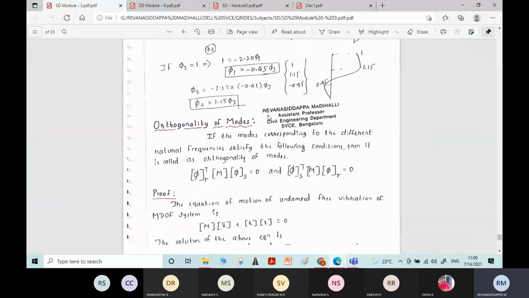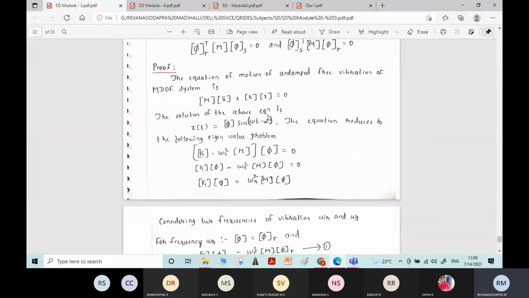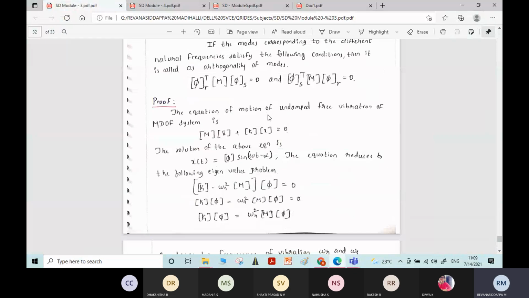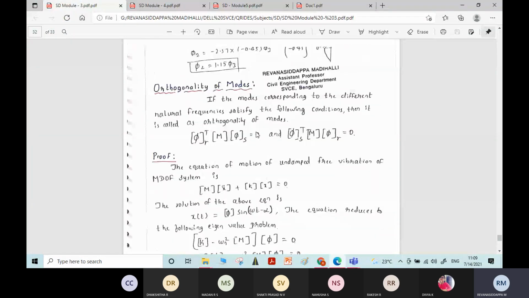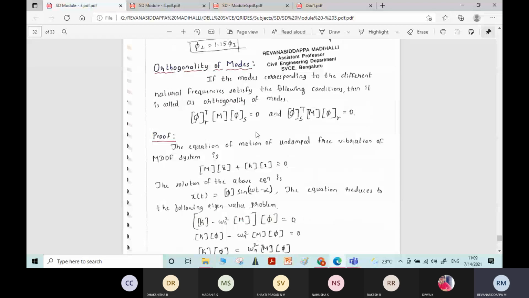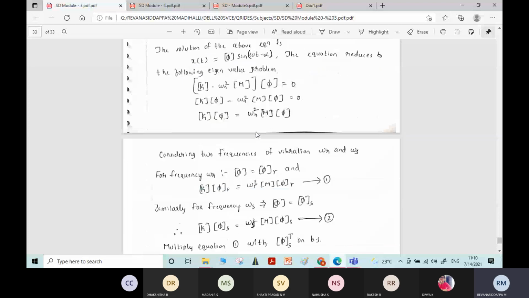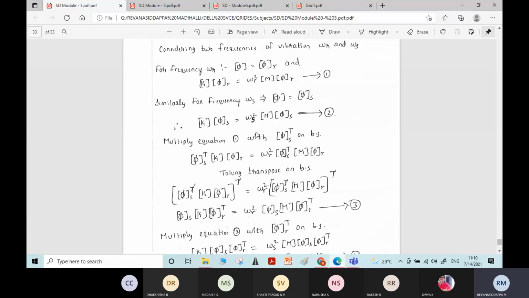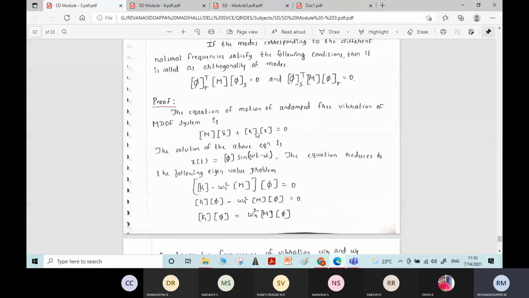If any theory question is asked, they are going to ask this one only. This question has been repeated a number of times in your previous examinations. All of you be prepared for this. It is a very simple derivation.